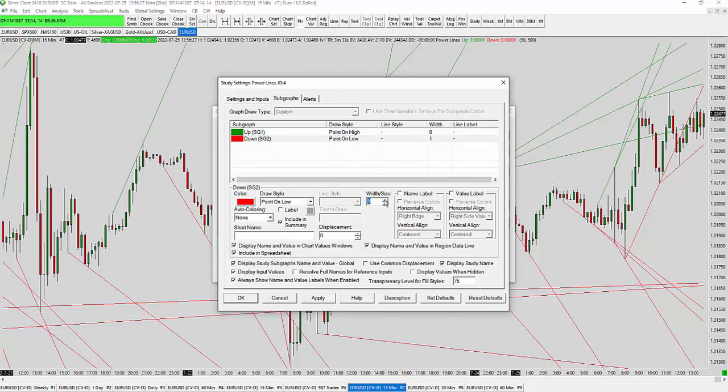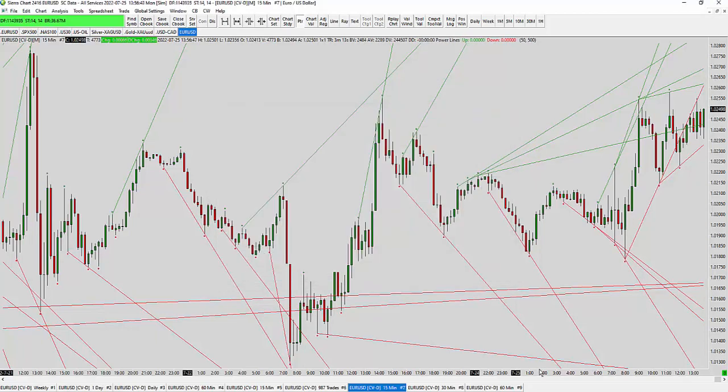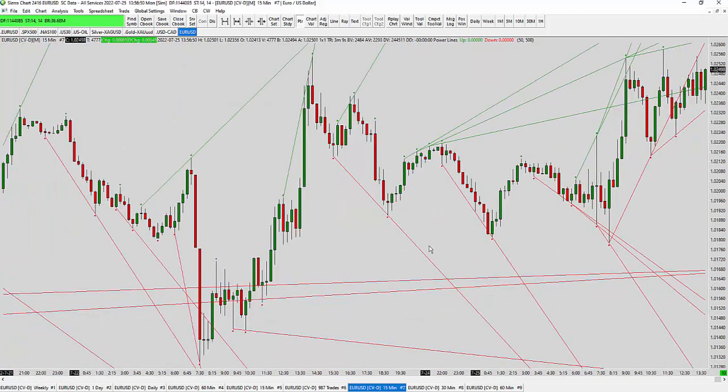So if I just make it visible, something like this, and on the green as well, make it 2, this will explain the whole study. If I press OK, apply, okay. Now you see where these power lines are coming from.